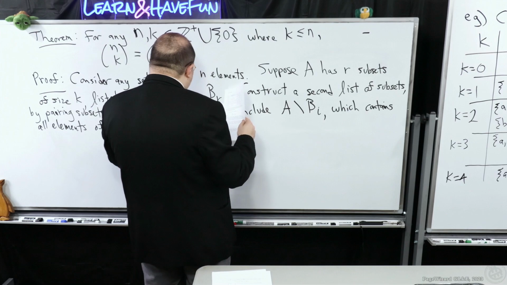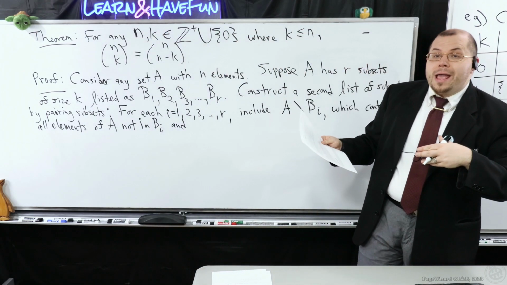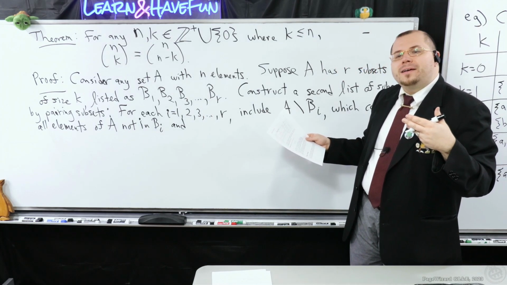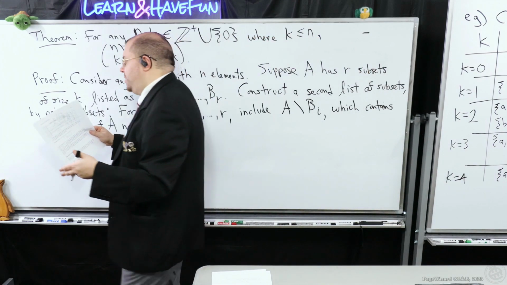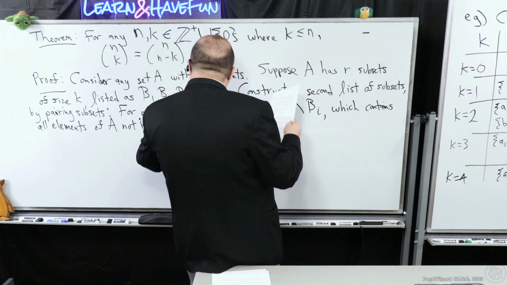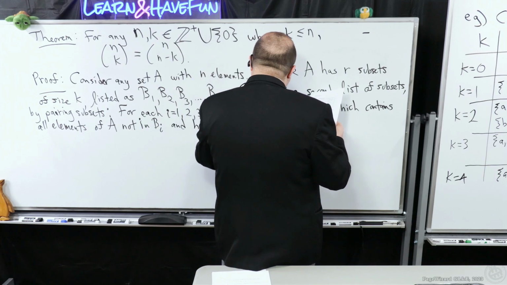As a result, since I have a set of size n and I take away k elements from it, how big is the subset? It's n elements, I take away k of them, so it has size n minus k.